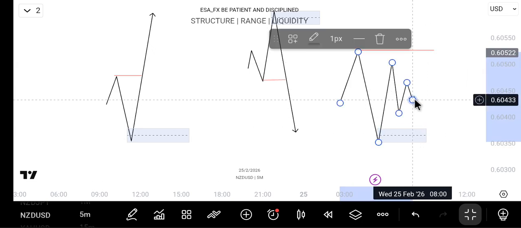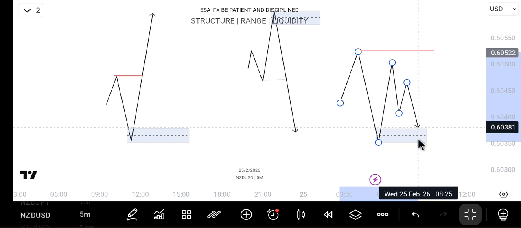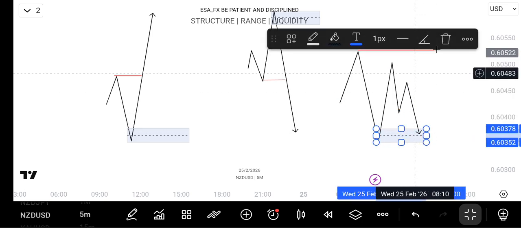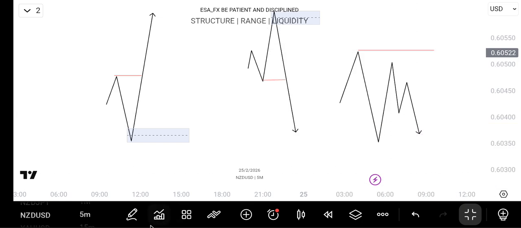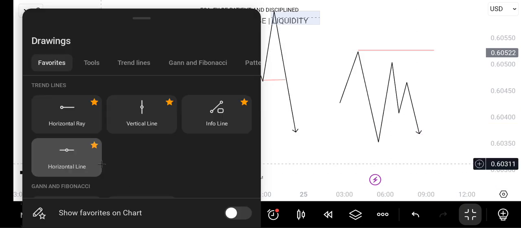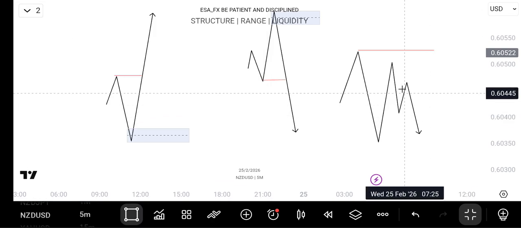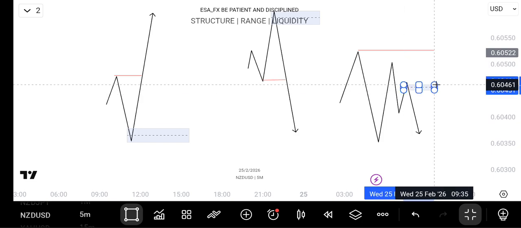But if I see something like this, price moves aggressively to this downside here, I could mark this place here, the last bullish candle in this region before this move, as my order block.